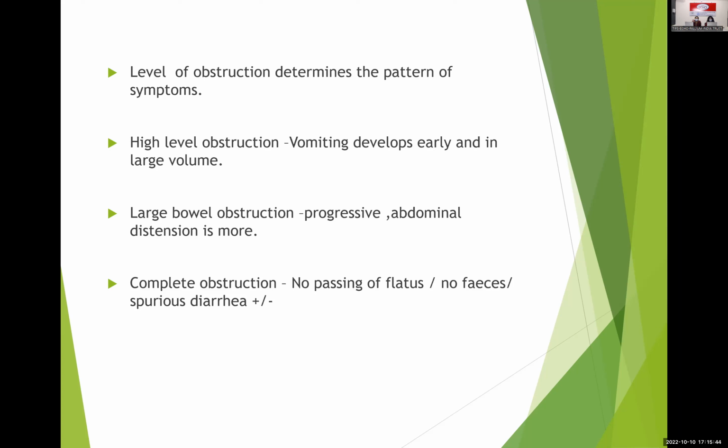If it is a complete obstruction, there is no passage of flatus or feces, or the patient can present to you with constipation or spurious diarrhea. What is spurious diarrhea? Last class, we discussed that. Any volunteers? What is spurious diarrhea?